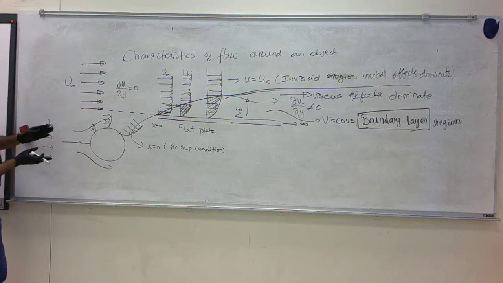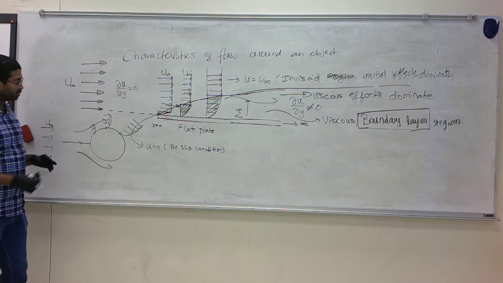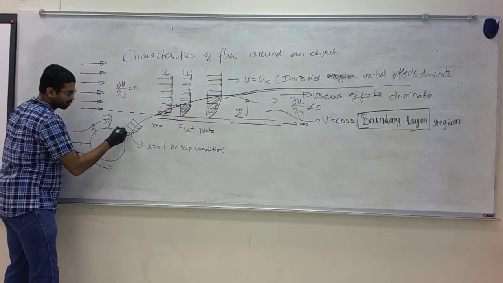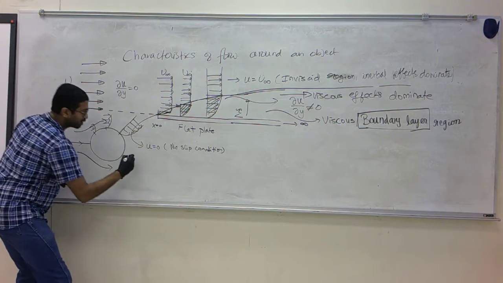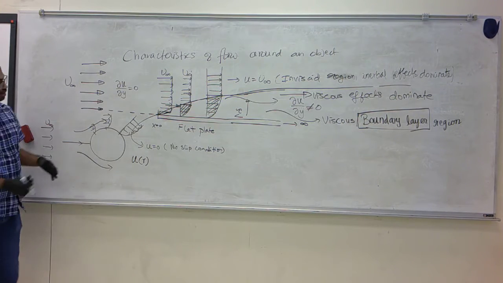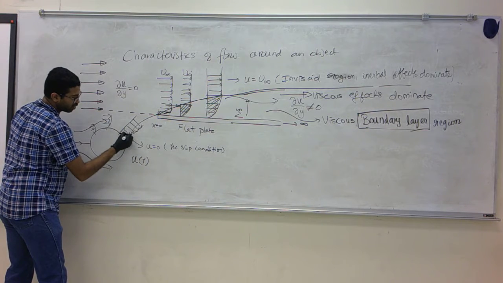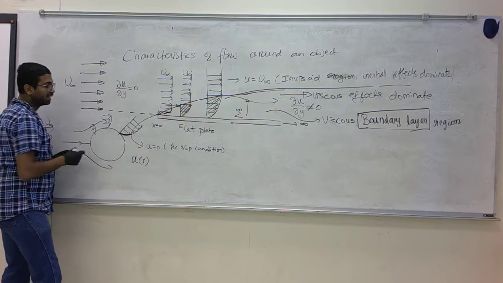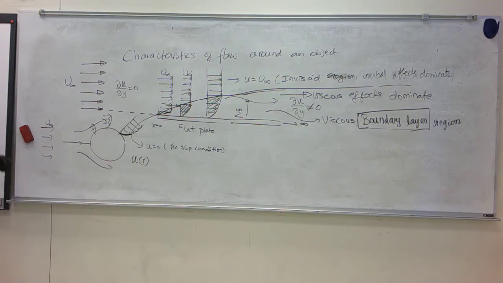That is, we always talk about the flow around an object by looking at it from far, but if you go near the object and observe the velocity profile as a function of position in the radial direction, you will find that the velocity depends on the radial coordinate, and this region where the velocity is a strong function of the distance is called the boundary layer region, or boundary layer.